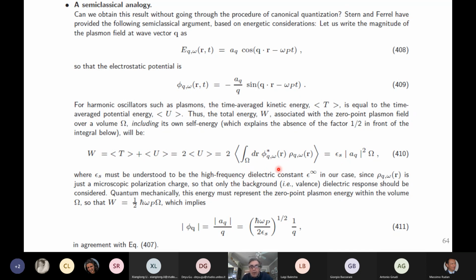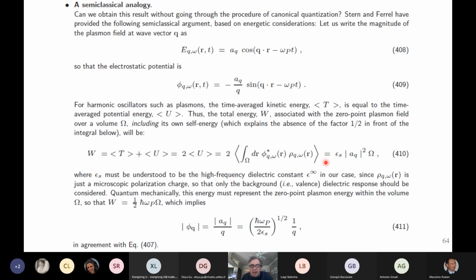Now, this is a classical argument. Now let's do the trick. Actually, one can show that if I consider epsilon as the dielectric function that we'll see later, the dielectric response of the electrons in the plasma, at the plasma frequency this is equal to 0. And that's because the ground state energy of the classical system corresponding to plasmon is 0. Quantum mechanically, we know that it's not.